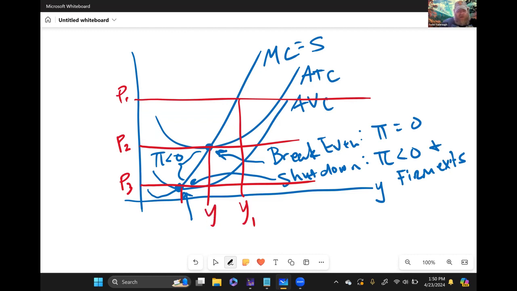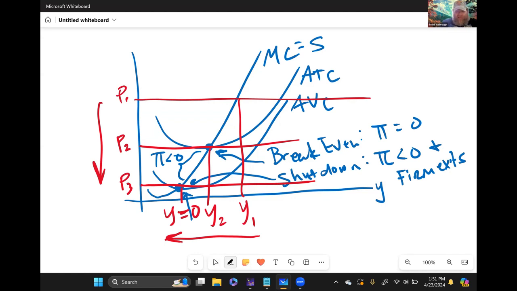So Y1, Y2, and then here, Y is actually just zero, because again, the firm is going to shut down. The firm is actually not going to produce beyond that. And so as the market price falls, the amount the firm produces declines until the market price falls so much that the firm actually decides to exit the market.